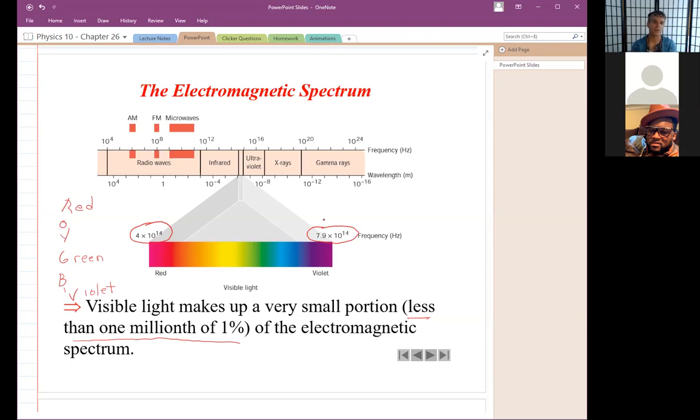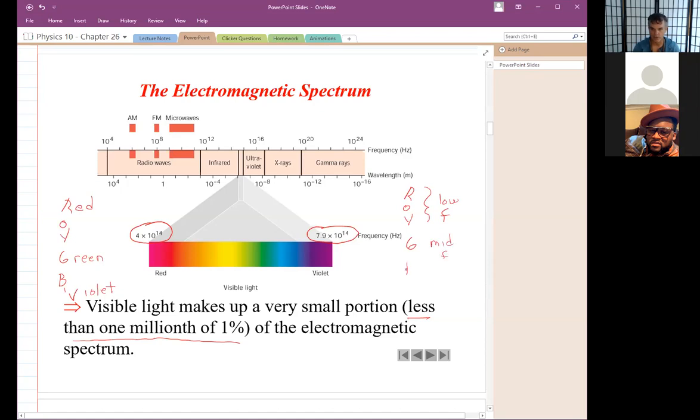The spectrum goes from Roy G. Biv in terms of lower frequencies up to higher frequencies. So let me just do that over here. Red, orange, and yellow are considered sort of the low frequency light. Green is sort of considered mid frequency.